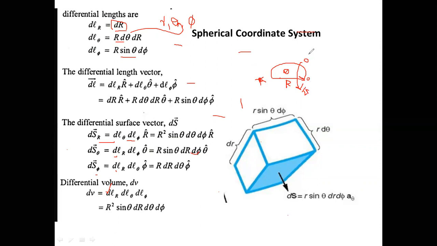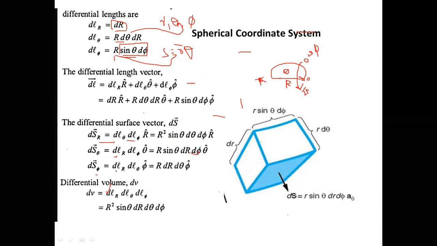Now this will be the phi, but which component? The perpendicular component of theta is rotating. So according to this, S is equal to r theta, where r is capital R and the angle term will be sine theta d phi. Okay, the perpendicular component, sine theta, will be used to get the whole sphere.